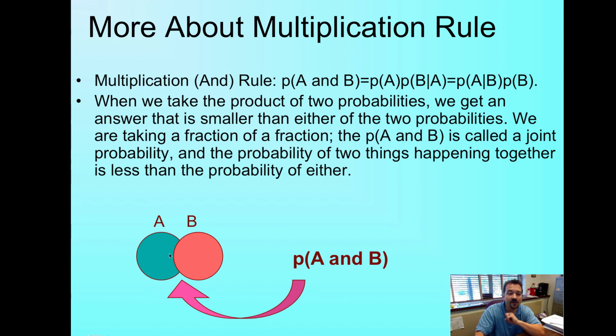It's literally where these two different probabilities, A and B, where they join together, where they overlap. So the probability of two things happening together has to be less than the probability of either one by itself. So the probability of A and B, it's this overlapping segment right here. Okay, clearly it has to be smaller than A by itself, and also has to be smaller than B by itself.